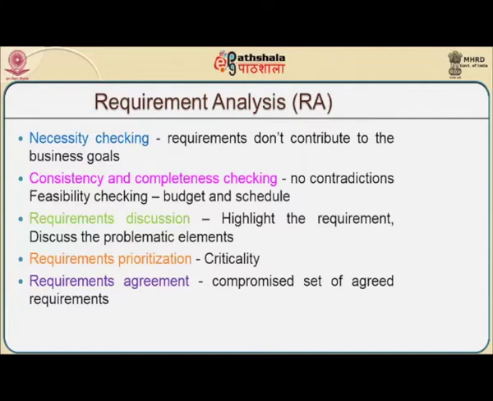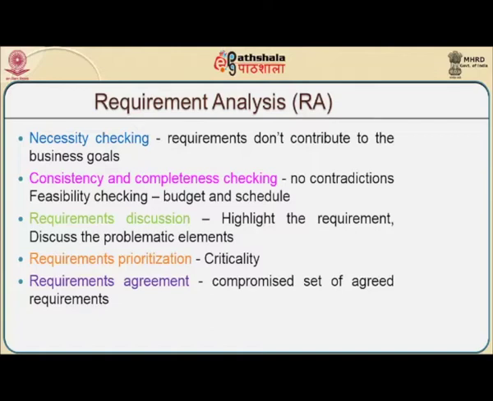Further, after having done the necessity checking, the system is checked for its consistency and completeness, where there should not be any contradictions, and there should be a flexibility check to adjust in the perspective of the budget and the schedule.